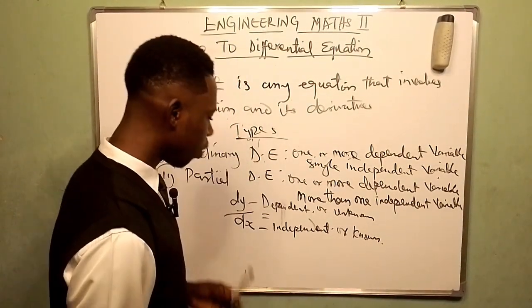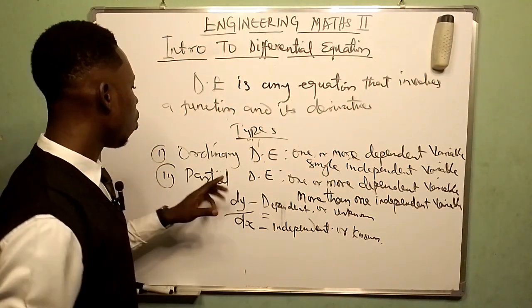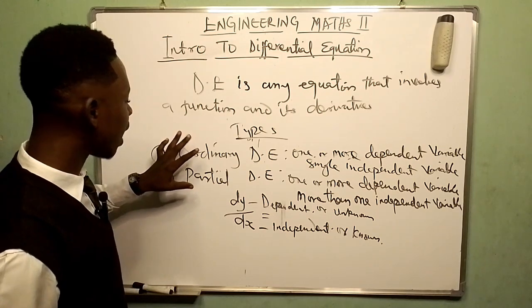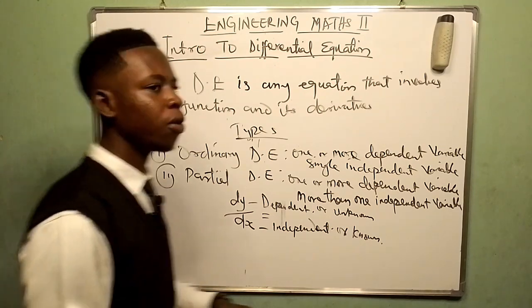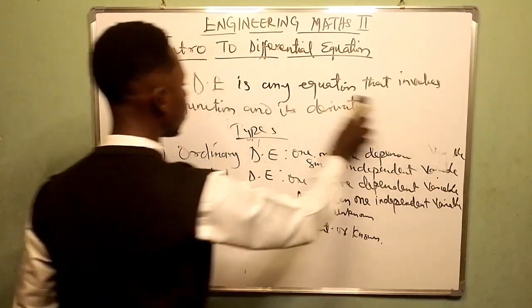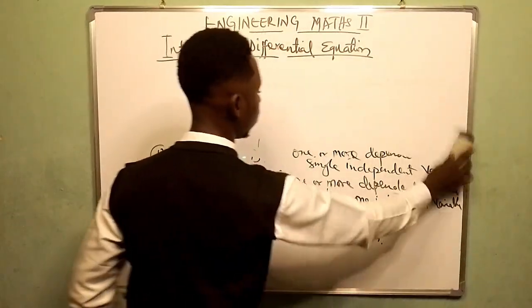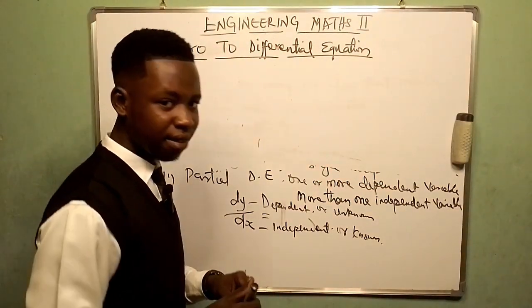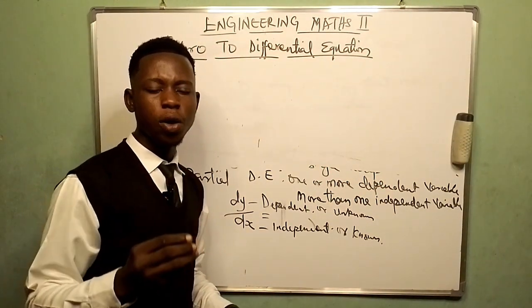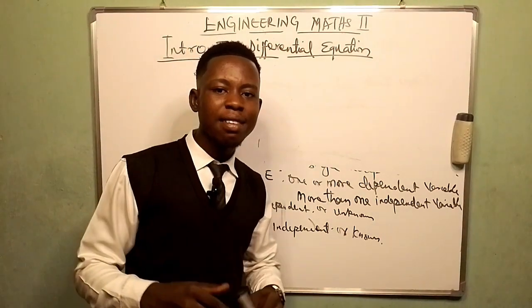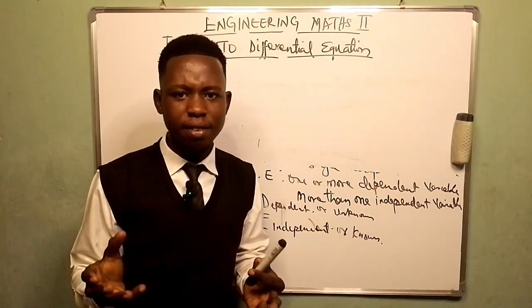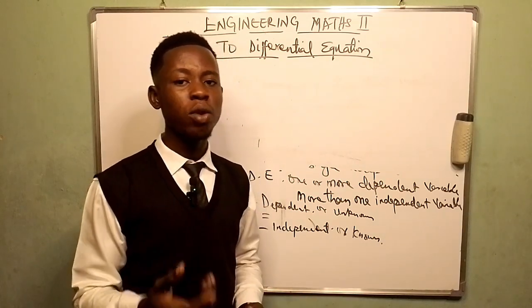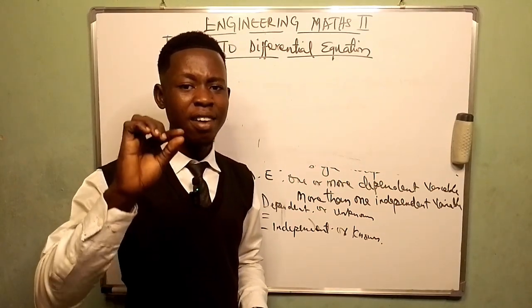Now, let us go deep into the example, to give you the mathematical difference between ordinary differential equation and partial differential equation. Remember I said that an ordinary differential equation is an equation whose ordinary derivative has one or more dependent variables with respect to a single independent variable.